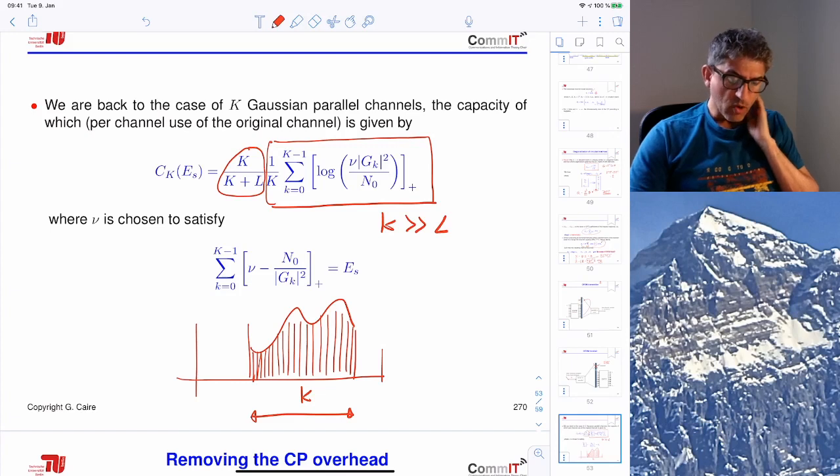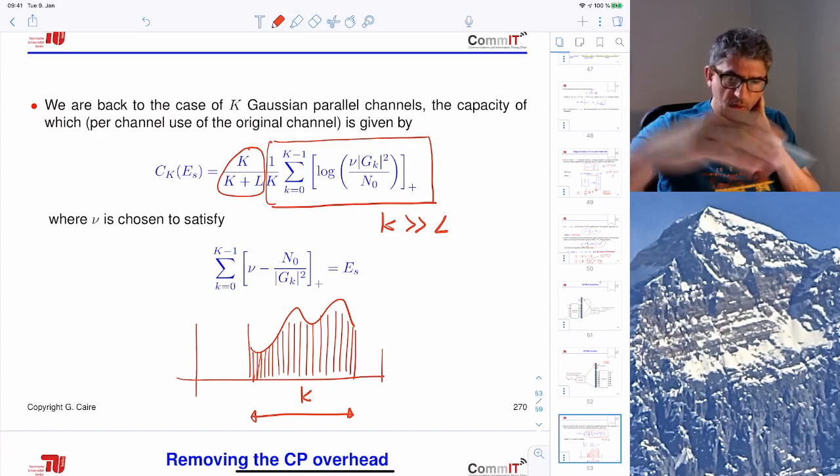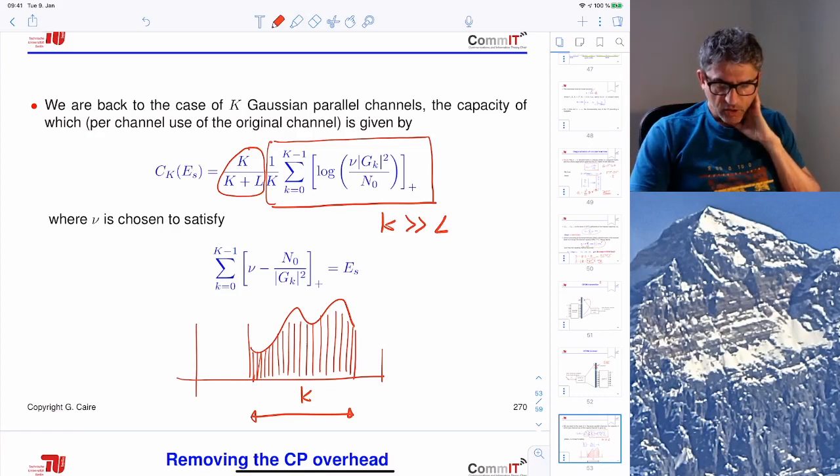Okay, so the more subcarriers you have, the more efficient you are in principle. In fact, for example, for DSL, where the channel is very frequency selective, so it's very wiggly, and is completely time invariant, so we can use a lot of subcarriers. People use 8,000 subcarriers, like very large FFTs, to have this high efficiency.